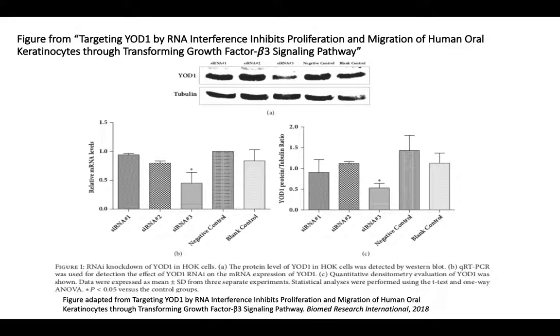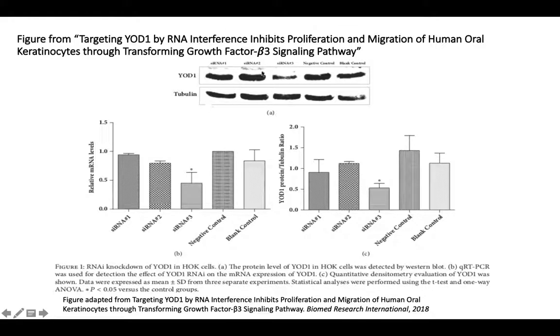So the experimental design was that they basically used RNA interference on cell proliferation, and they used mRNA levels that were found using a technique called qRT-PCR, which we can see here in B, the results of that qRT-PCR.